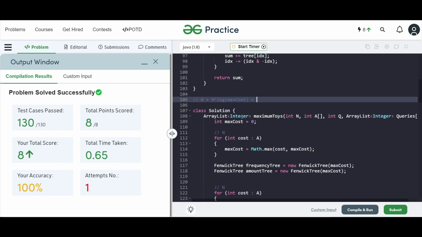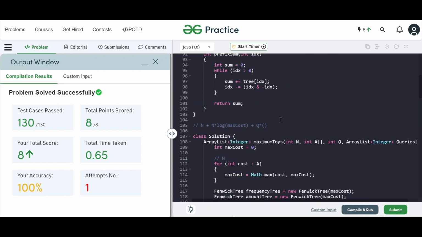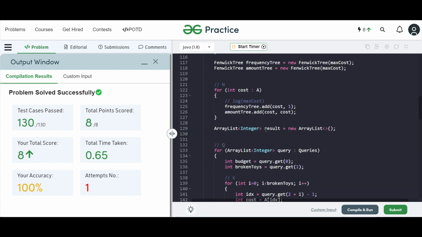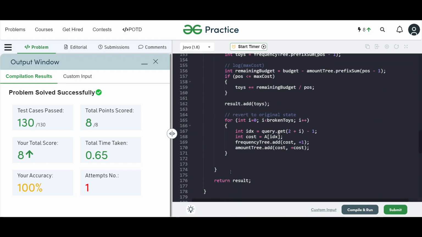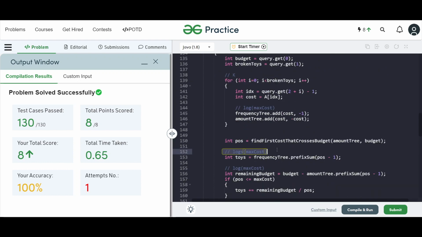For each query we're doing a bunch of things. First, for each broken character, k times log max cost, which is done two times, here and here, which is fine. So k times log max cost, plus some operation of log max cost.